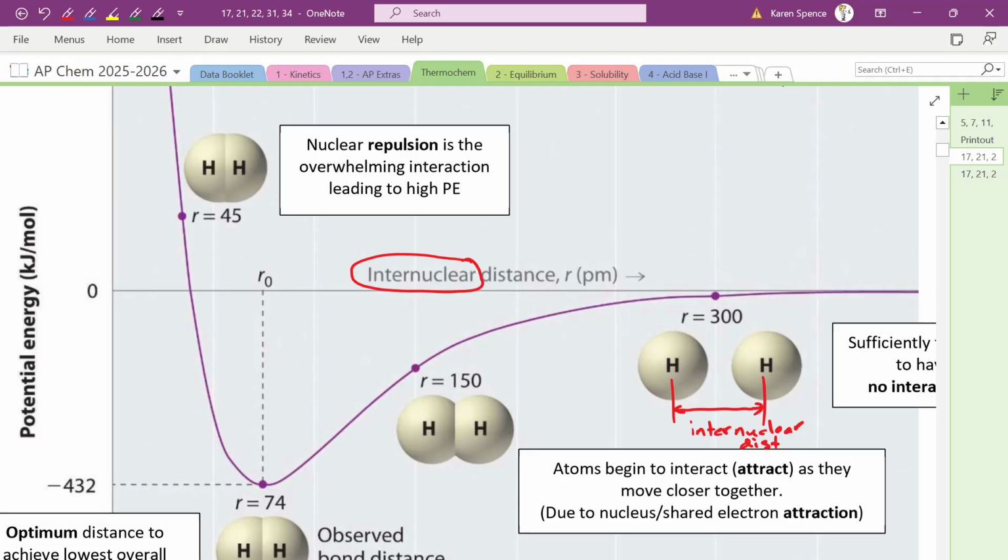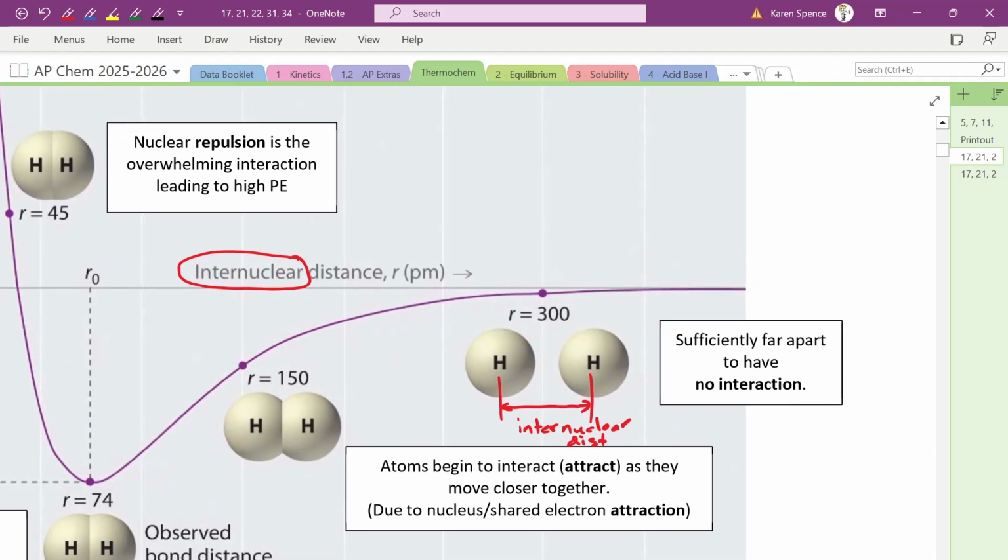And we're looking at bond formation here. Now, when these two atoms are really far apart, they have no interaction. Okay, so the H and H are sufficiently far apart, they have no interaction, the potential energy is just 0. Okay, because they're not interacting with one another.